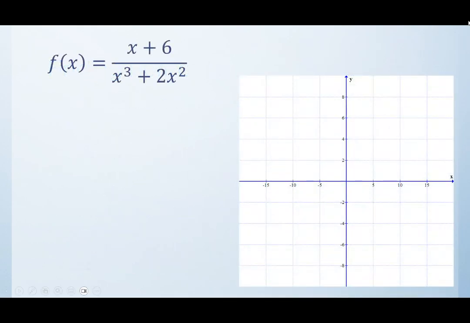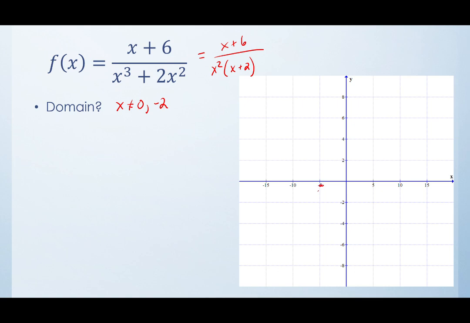So for instance, here we've got ourselves a rational function. This looks a lot like what we had before. We should start by factoring out some common factors. Nothing to factor out in the numerator, but I can pull an x squared out of the denominator. That helps me see right away that we need to throw out 0 and -2 from the domain.